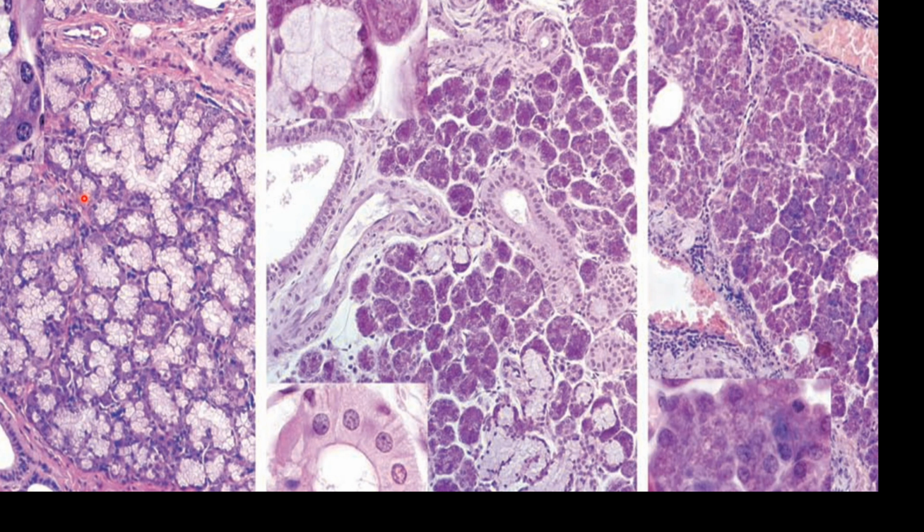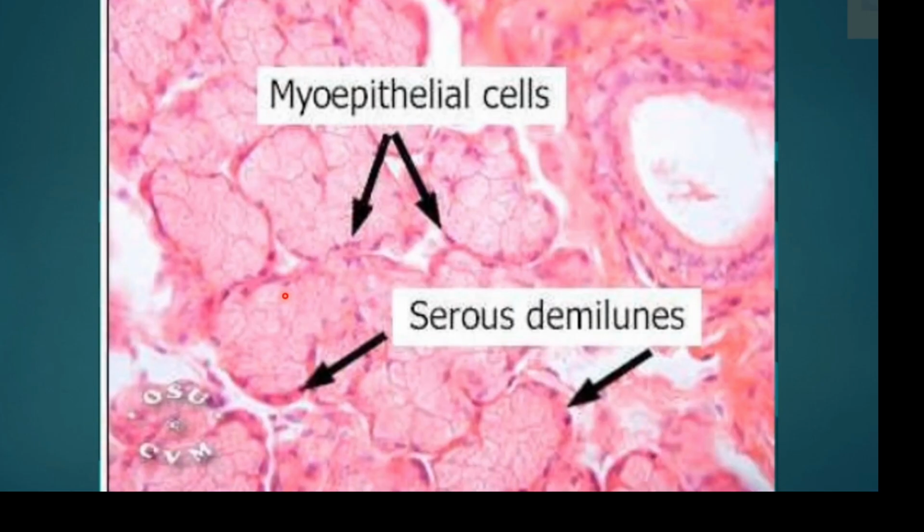So you must remember there are no intercalated or striated ducts in the substance of the sublingual gland. Again, you can see these are the serous acini. This is the mixed acinus having a serous demilune over here, and these smaller flattened cells are the myoepithelial cells. This is the duct which is the striated duct.